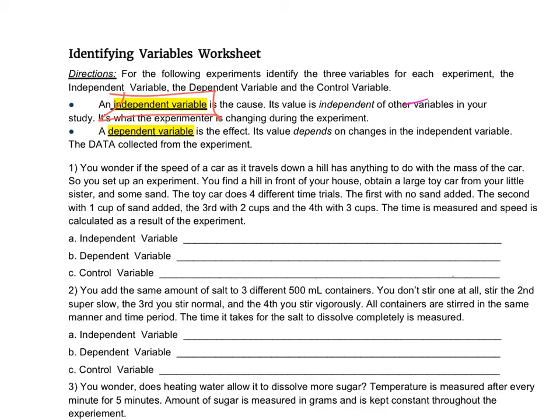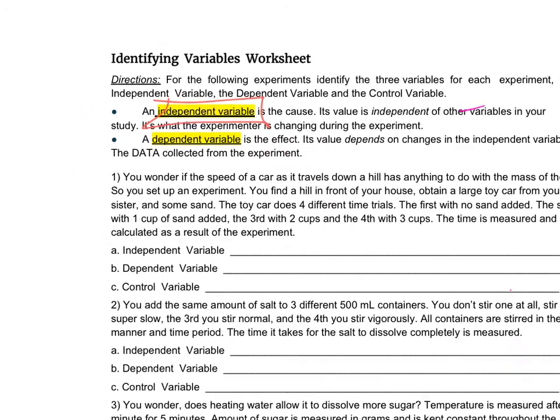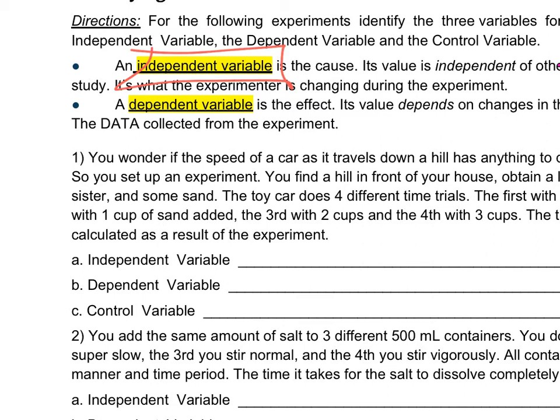So the one thing that we changed, the one thing that was changed in this experiment, the independent variable, was the amount of sand. So I know a lot of my classes, when we said amount of sand, okay, really the amount of sand causes a change in the object's mass.